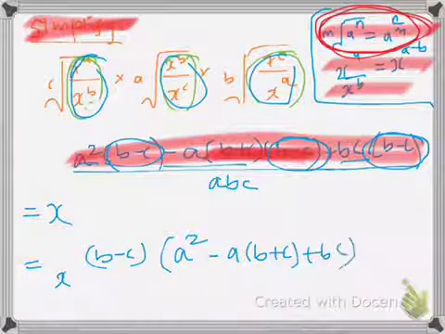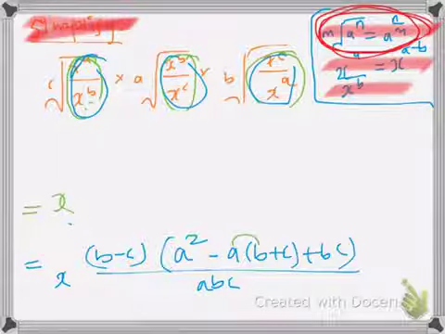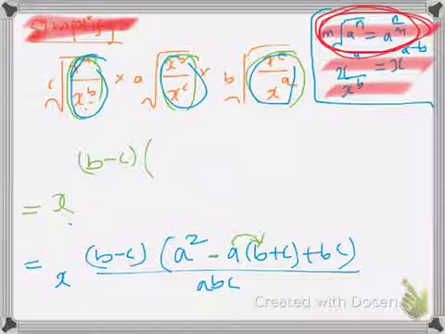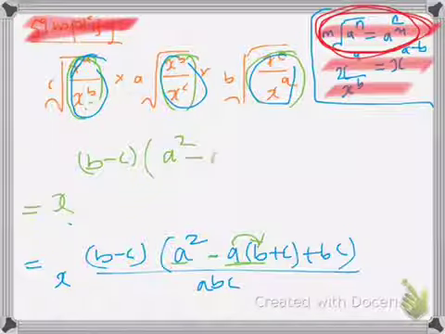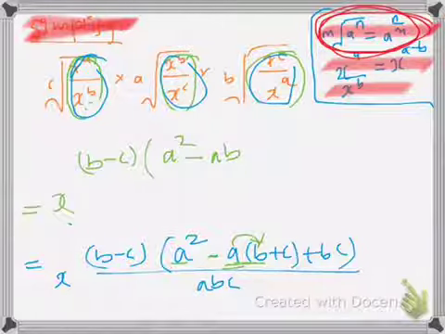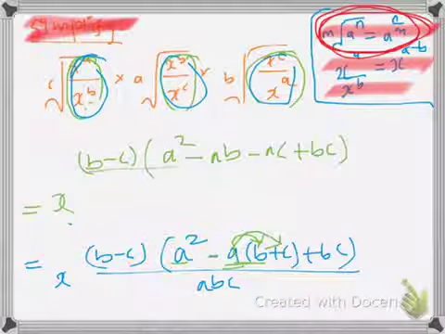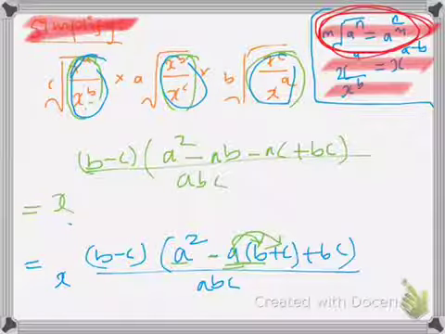We can further simplify this. Negative a times b means negative ab, but let me first write the power b minus c, and here is a squared, and these two terms multiply to give negative ab, and this negative a multiplies with c to give negative ac, plus bc, divided by abc.